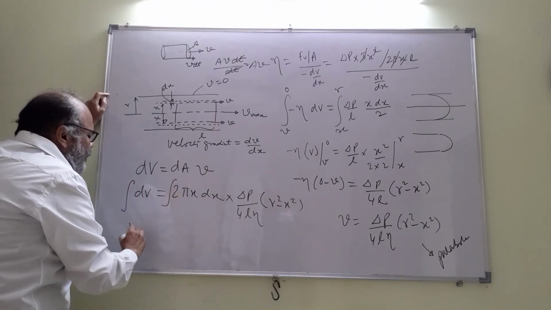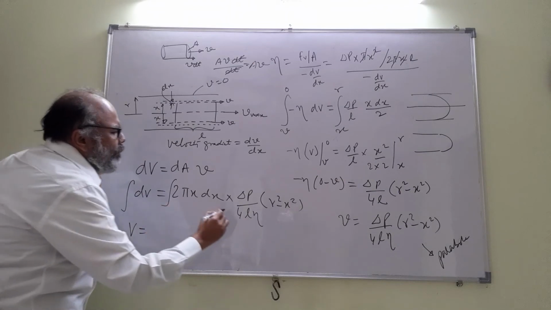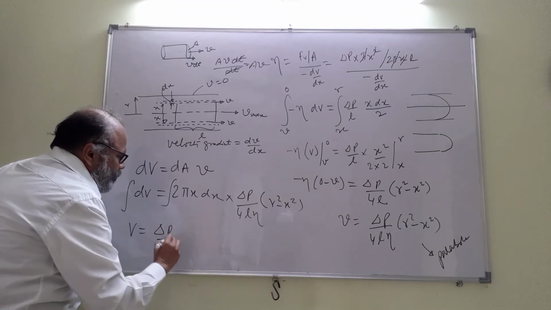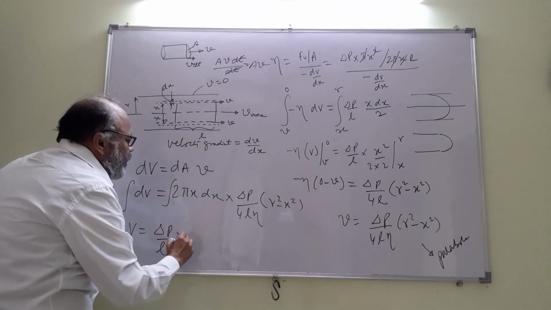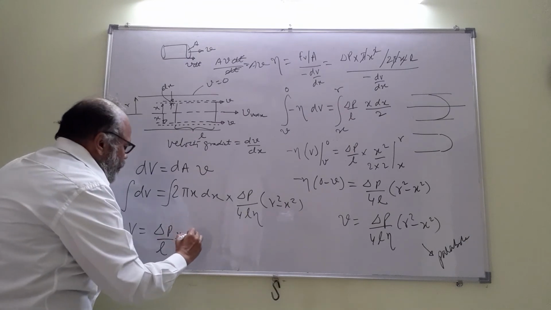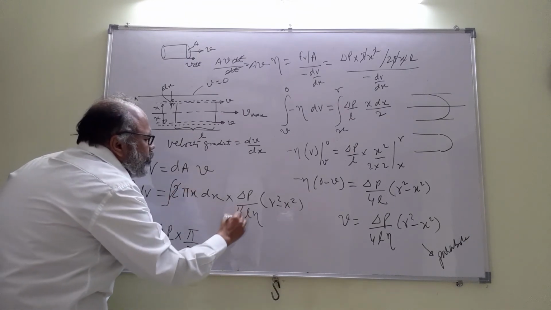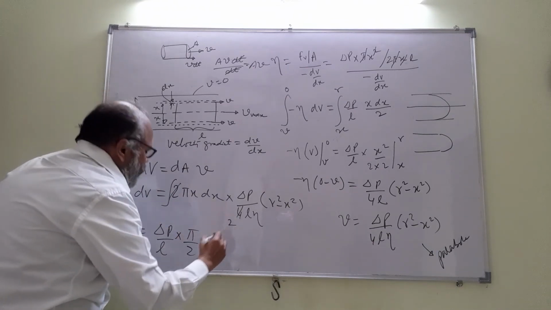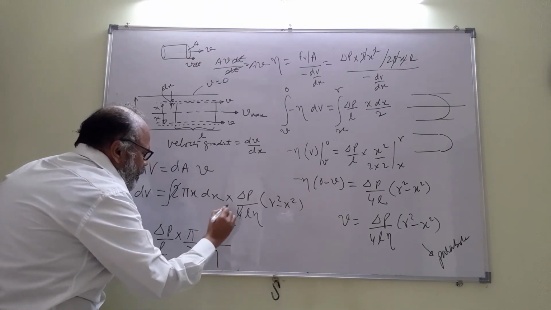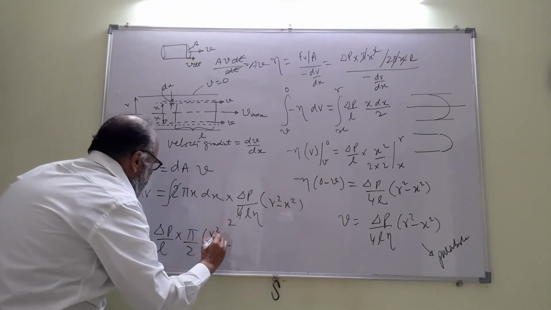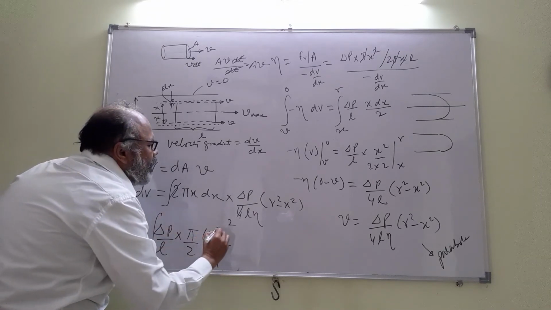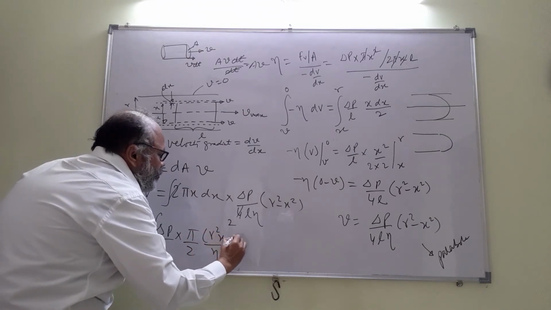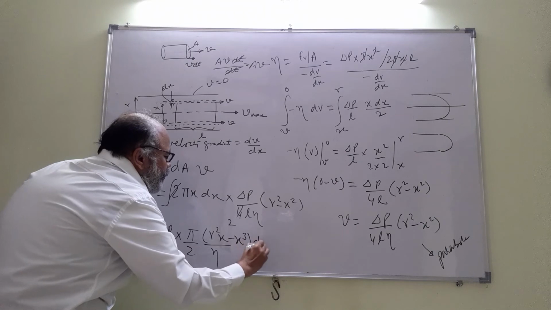Integrate this, and you will get the total volume flow rate. So you have 2 pi delta p by L, and you have pi by 2 eta, and this would be r squared x minus x cube dx.